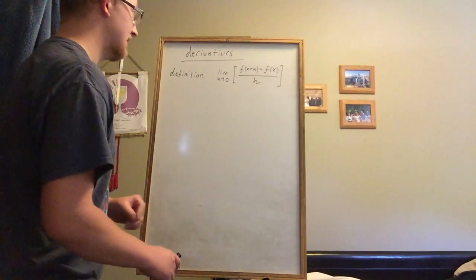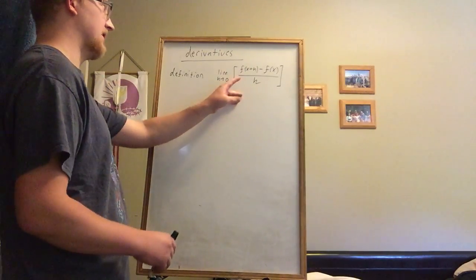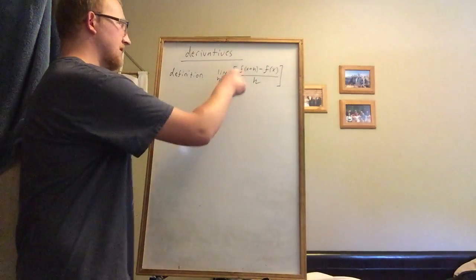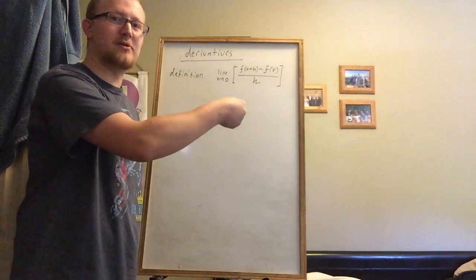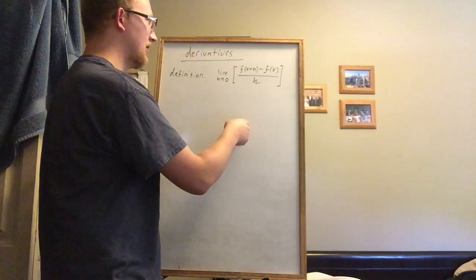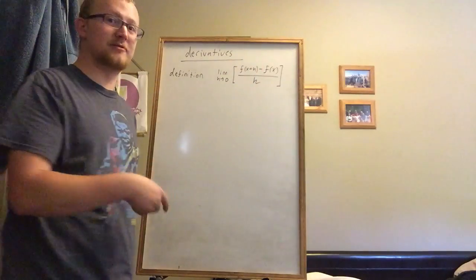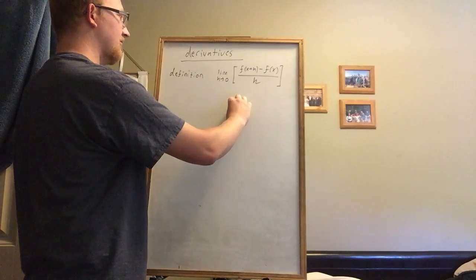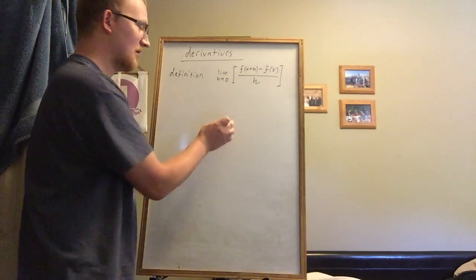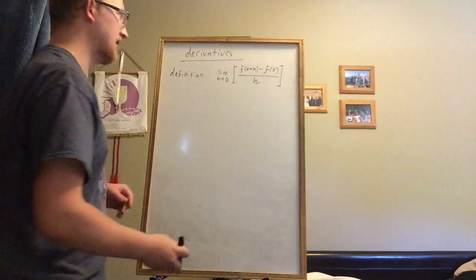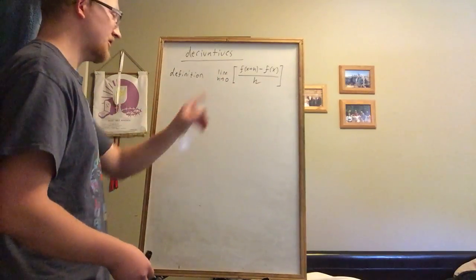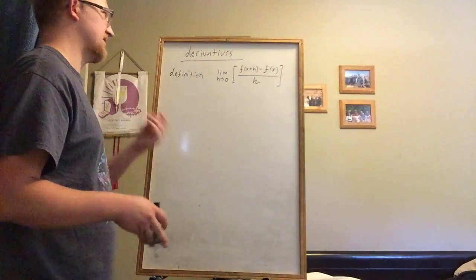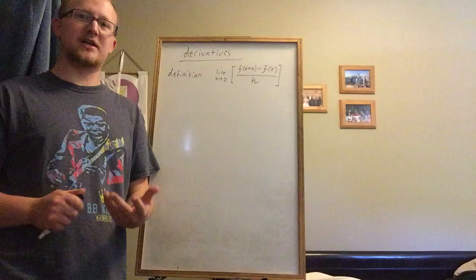And we were able to calculate in the last video that to find the change in y over change in x, we can take f of x plus some value h, so we're moving forward on the x-axis, minus f of x, and that's going to give us the height of the graph, and then h is going to be the width of that triangle. And the idea is that the closer h gets to 0, so we make it infinitesimally small, all of a sudden we get a perfect rate of change for that point.